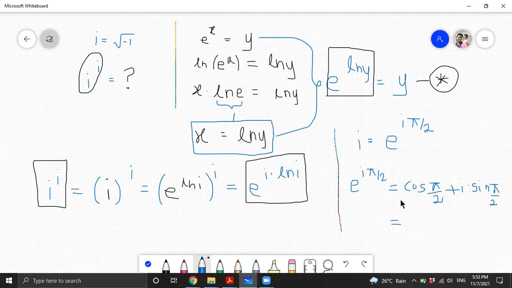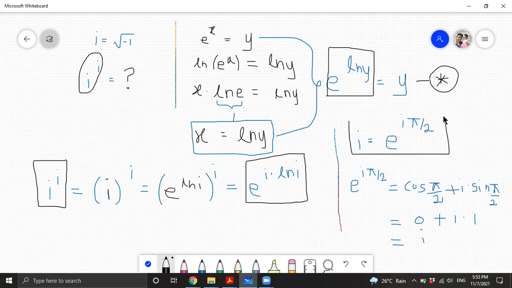So if we find cos pi by 2, that means cos 90 degrees, that is going to be 0, plus i into sin pi by 2, that is sin 90 degrees, is going to be 1. So that makes e to the power i pi by 2 equal to i. So we can say i is e to the power i pi by 2. I mark this formula as star, double star.